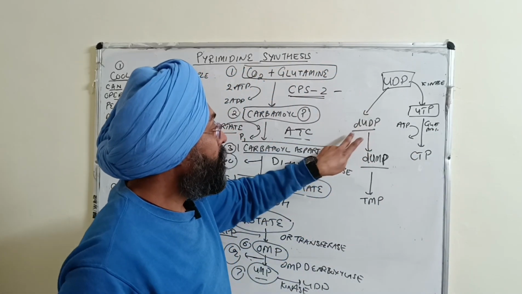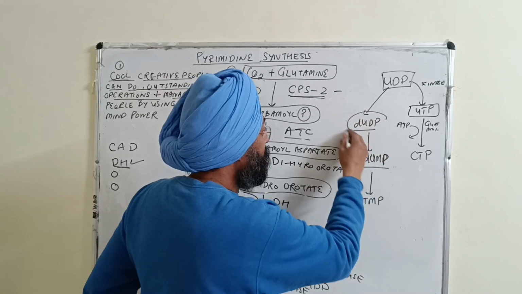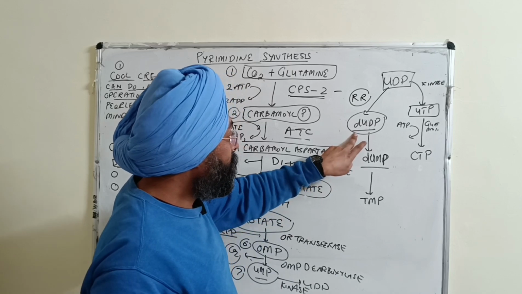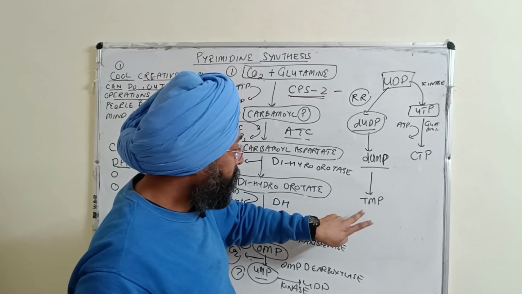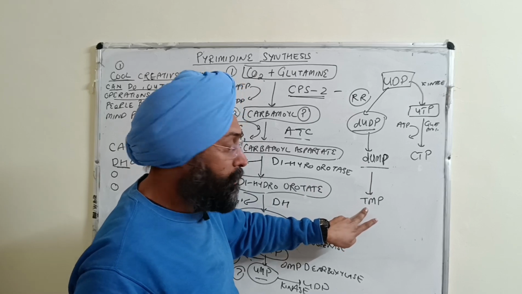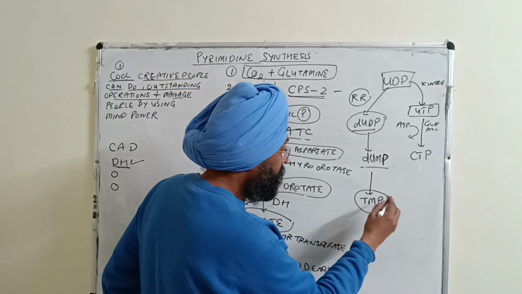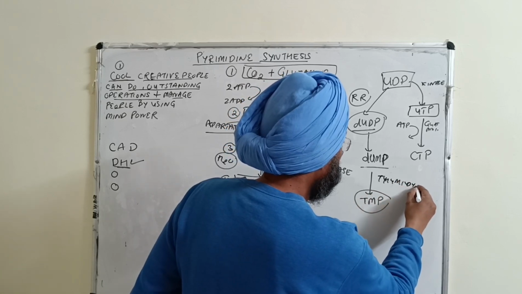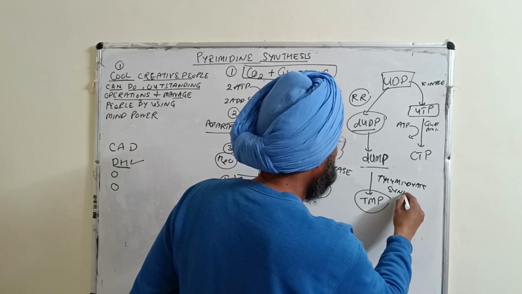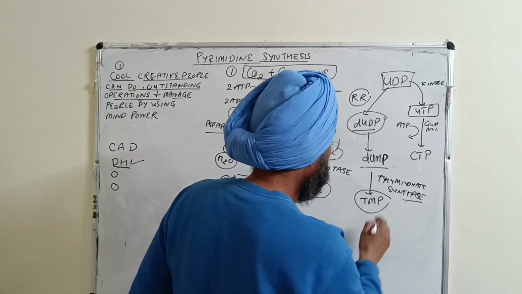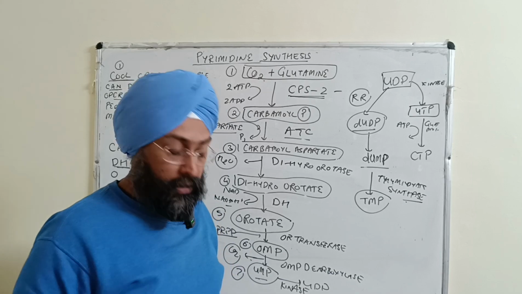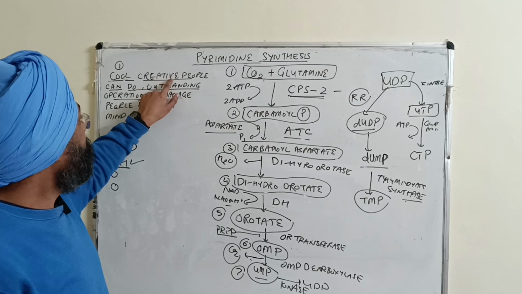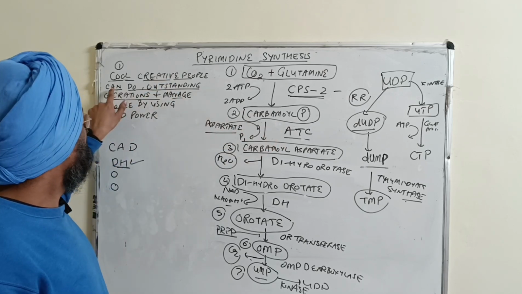And this UDP can be converted to deoxy UDP by ribonucleotide reductase reaction. From deoxy UDP you can form deoxy UMP, and deoxy UMP can go to TMP, thymidine monophosphate, by thymidylate synthetase reaction, right? Get TMP.